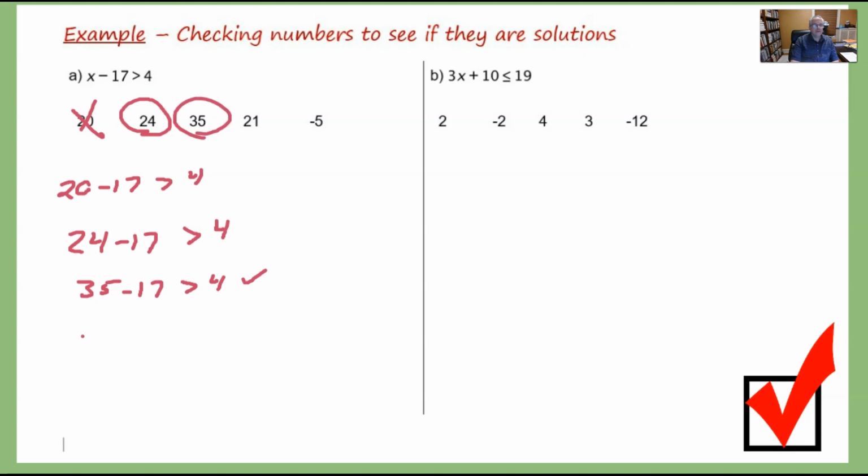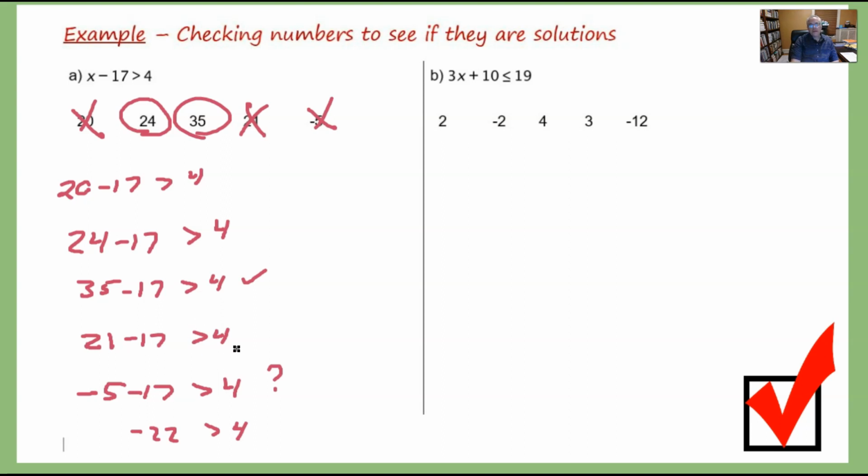Let's try 21. 21 minus 17, is that greater than 4? 4 greater than 4? No. That one's bad. The last one, negative 5 minus 17, is that greater than 4? Well, that's negative 22. That's definitely not greater than 4. That's less than 4. So that one's bad also.